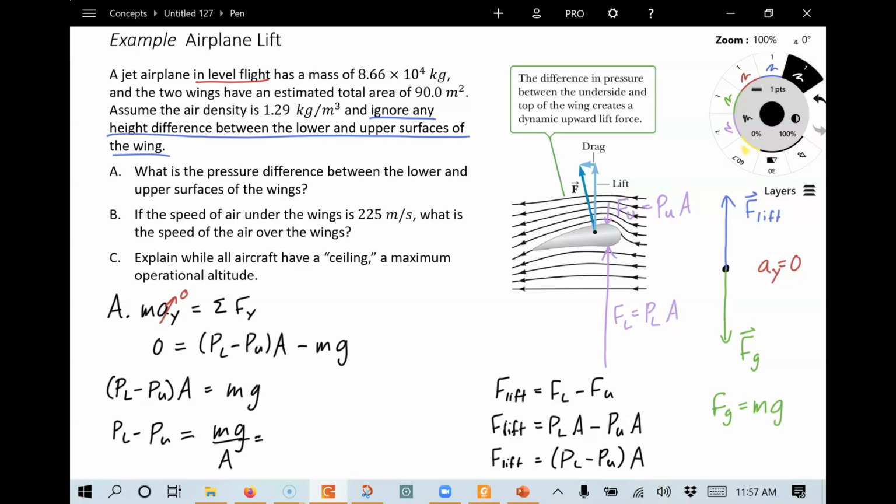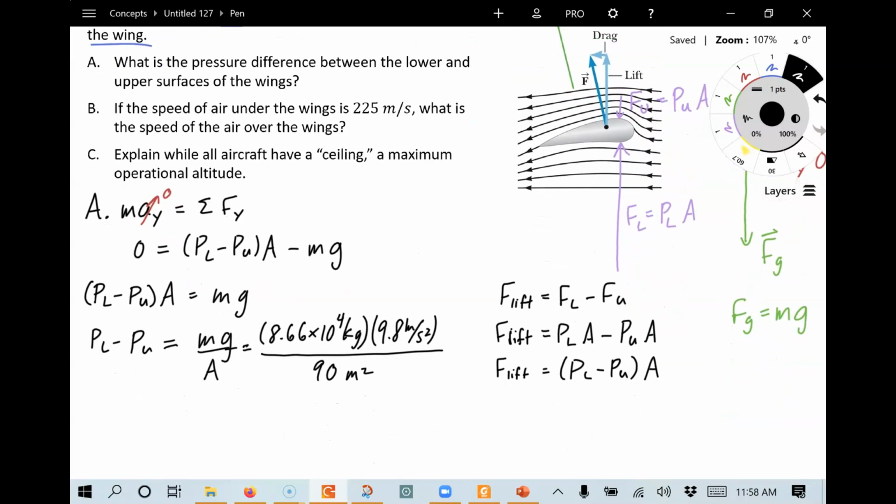And so in this case, we are going to put in the mass of the plane, 8.66 times 10 to the 4th kilograms. We're going to put in the gravitational constant, 9.8 meters per second squared, and we need to divide that by the total surface area of the plane, which is equal to 90 meters squared.